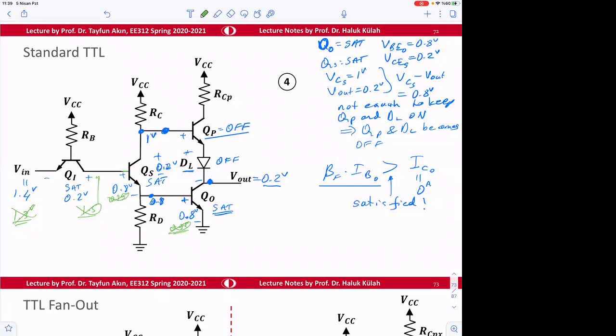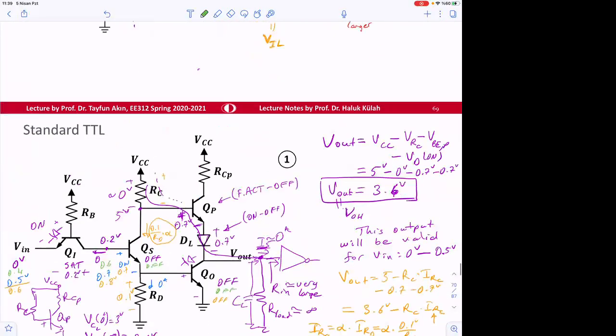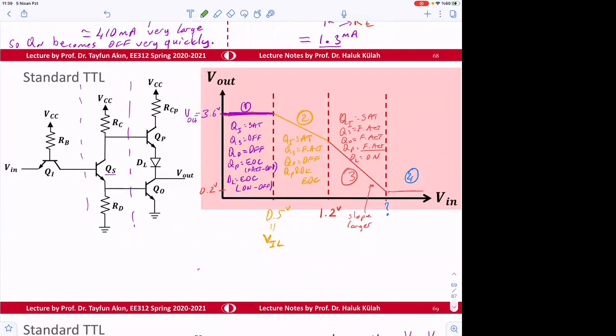We know the trend, and here the transistors QS and QP, we say forward active, but with large currents. So the base emitter voltages go from 0.7 volt to larger voltages.